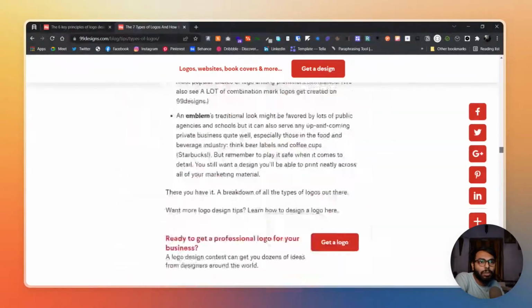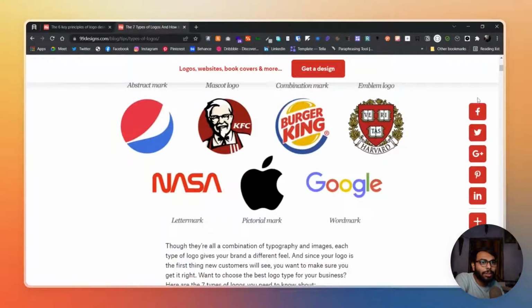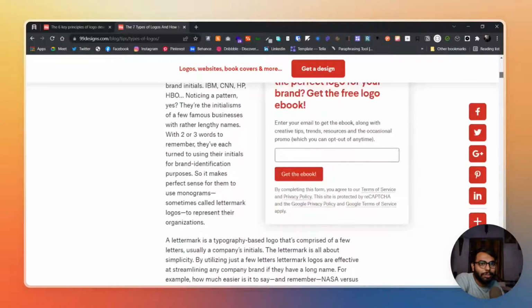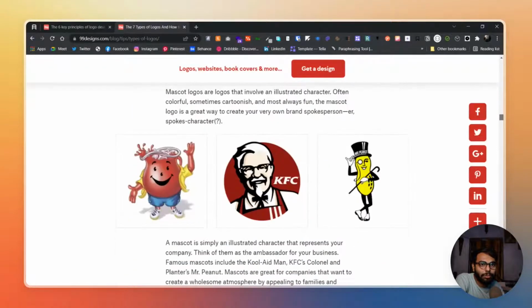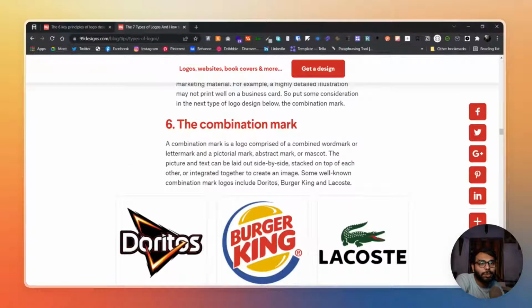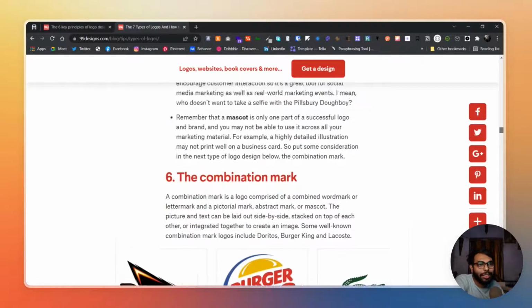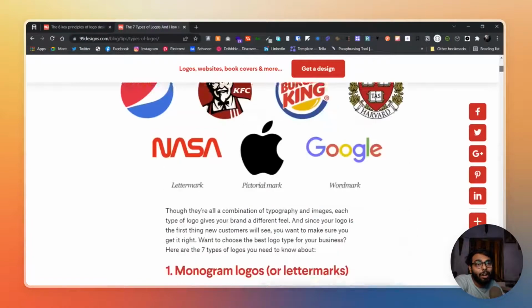So basically there are 6 logo types, but combination mark is everything mixed up. A combination mark logo is comprised of a word mark or letter mark or pictorial mark, abstract mark, or mascot mark, so there should be 2 elements in it. So that's about how many types of logo there are.